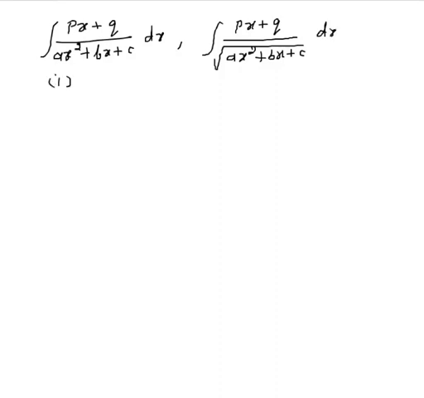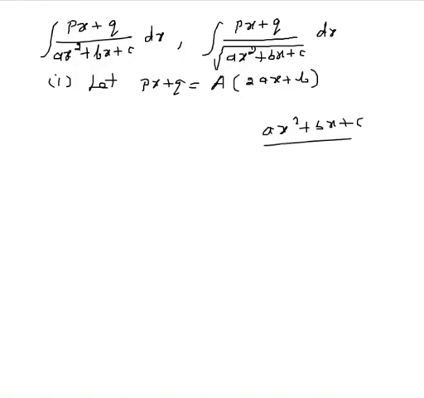So the first step is, we take px plus q as A into the differential of this quadratic term, which is 2ax plus b, that is the differentiation of ax square plus bx plus c, only this quadratic expression, plus B.